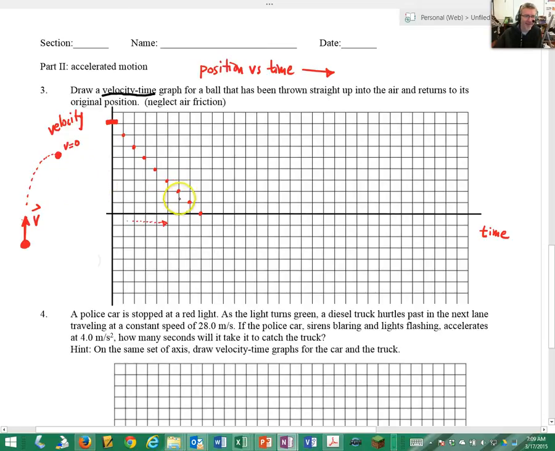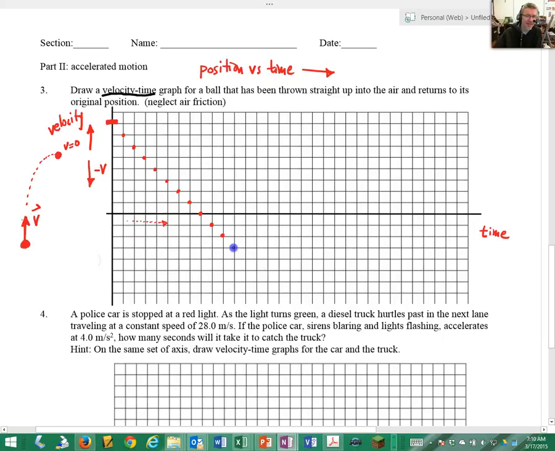That's the way things are. So as soon as it turns around, is it going immediately faster again in the positive direction? Is it going faster up again? No, it's going faster down. So this is what we call negative velocity. So it starts off a little bit less.